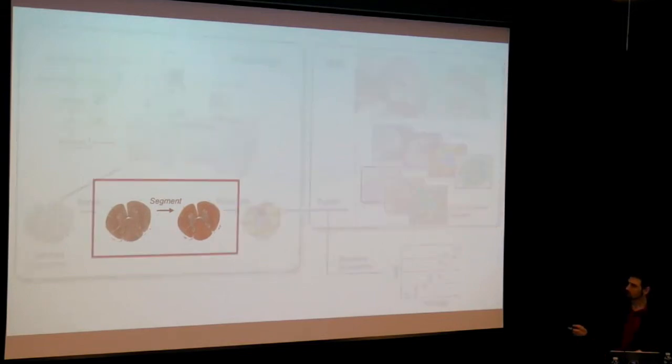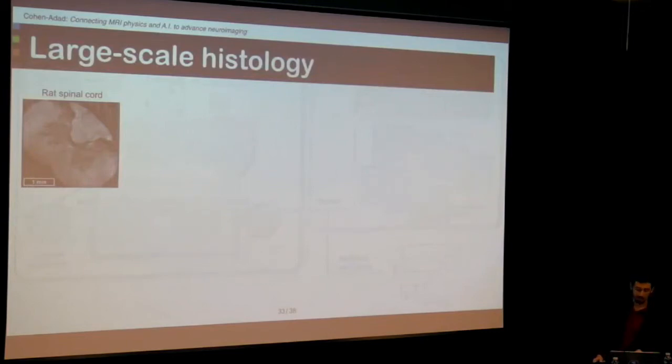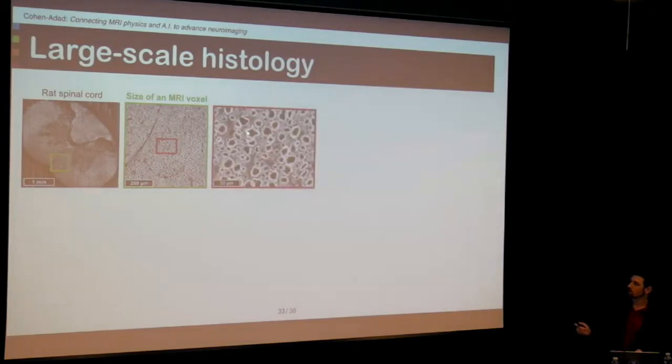I want to be fast on the segmentation aspect because that's critical and needed. If we look at a rat spinal cord, an axial cut, we start zooming in. You have the scale window here. We're getting closer, and that's basically our friends, the axons and the myelin sheath surrounding them.